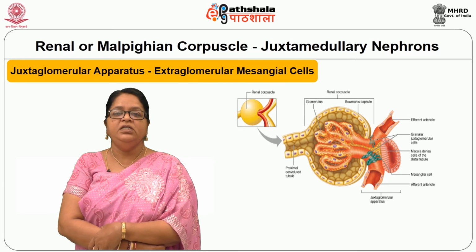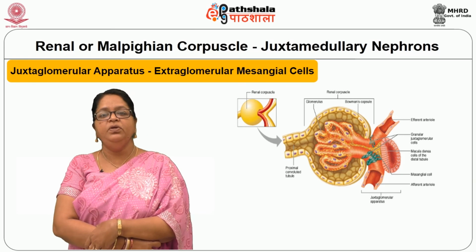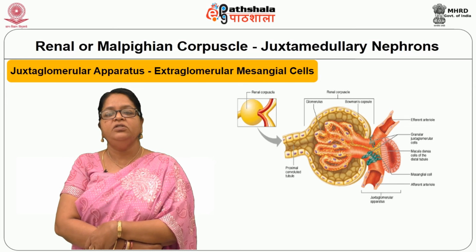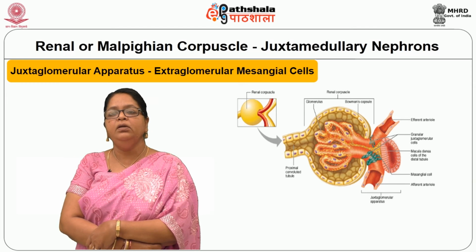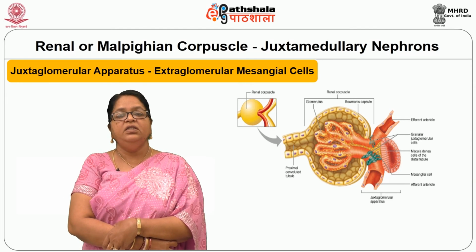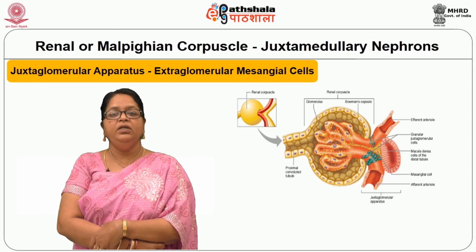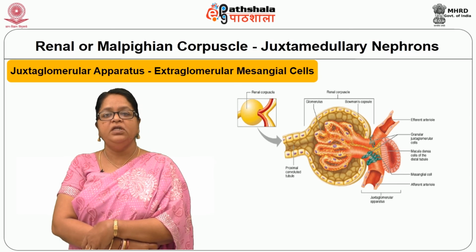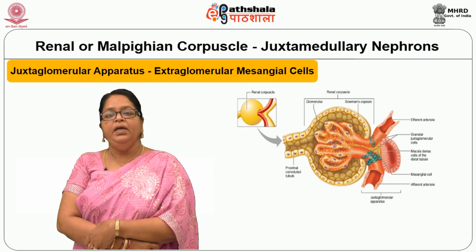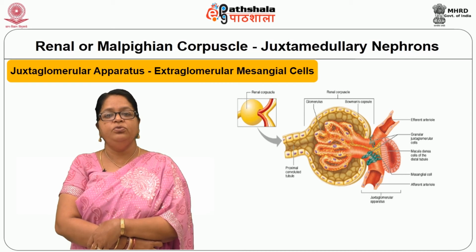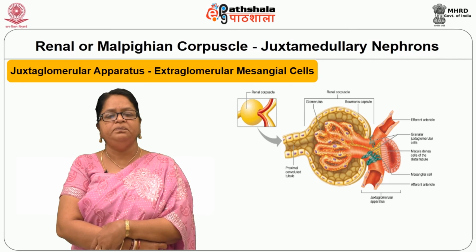Another type of mesangial cells are situated in between the glomerular capillaries and are called the glomerular mesangial or intraglomerular mesangial cells. These cells support the glomerular capillary loops by surrounding the capillaries in the form of a cellular network. They play an important role in regulating the glomerular filtration due to their contractile property.